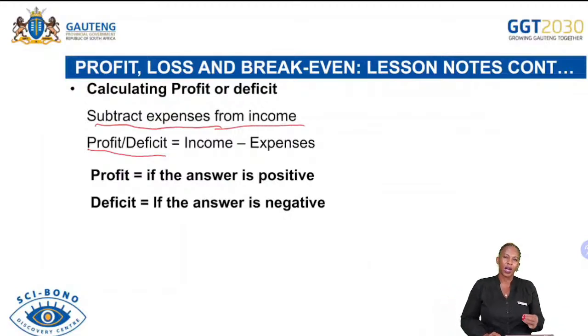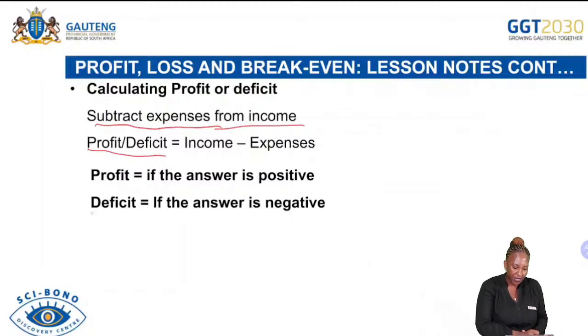But a deficit, when do we say it is a deficit? A deficit is when the income is less than the expenditure. I've spent 100 rand and I only get 50 rand as income from the 100 rand that I've spent. So if the going out is more than the incoming, then it is negative.